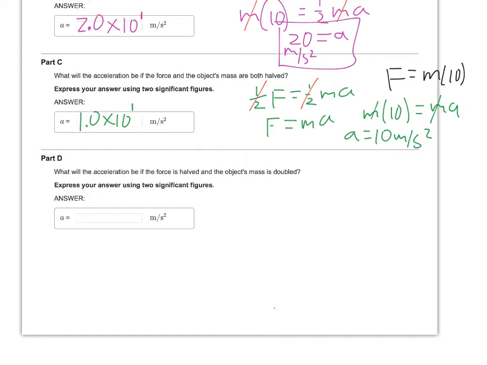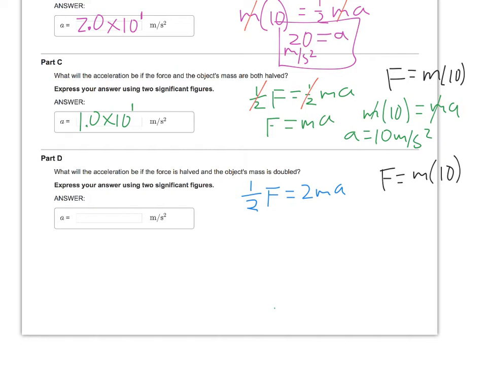Lastly, what will the acceleration be if the force is halved and the object's mass is doubled? So we have 1/2 F is equal to 2m times our acceleration. We bring in that original once again, F is equal to m times 10, and we can substitute that in for the F there.